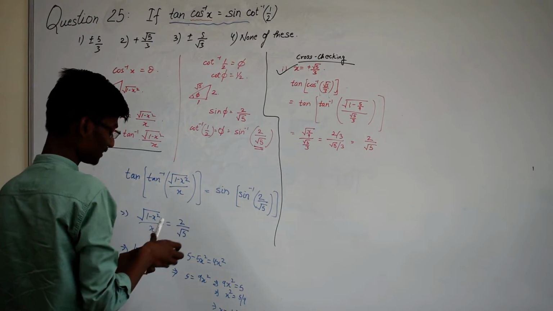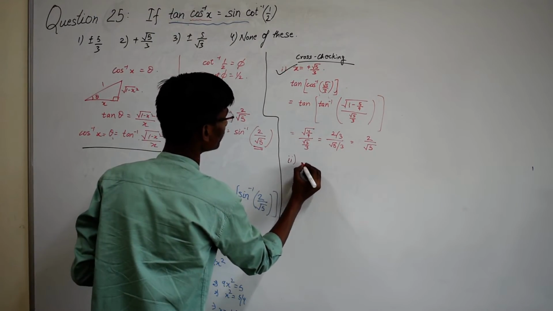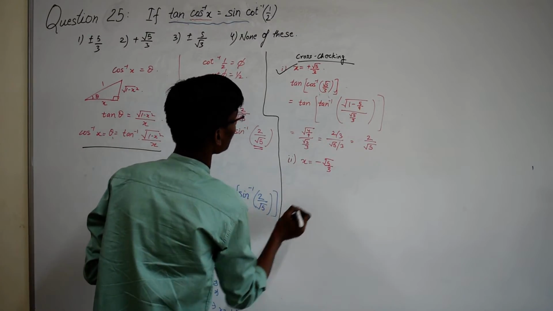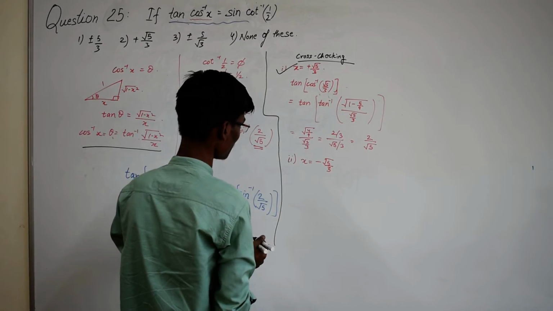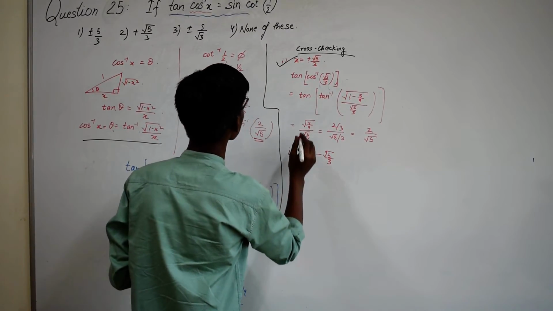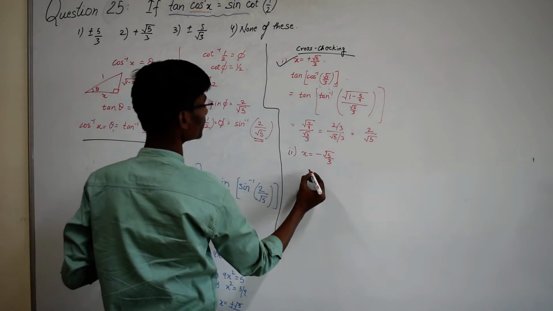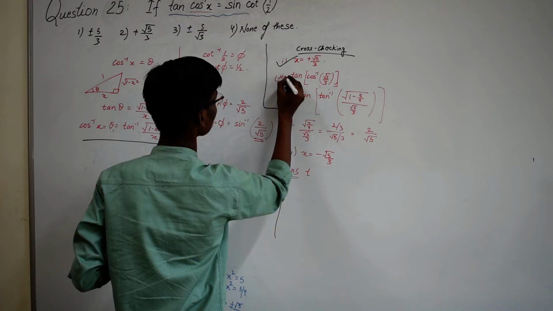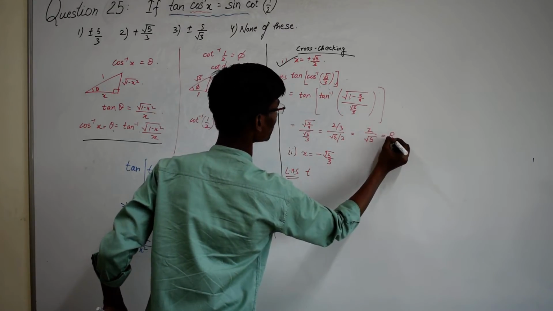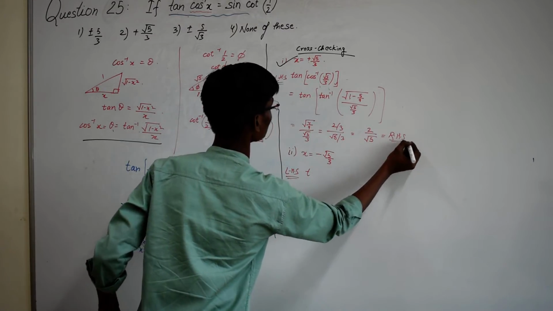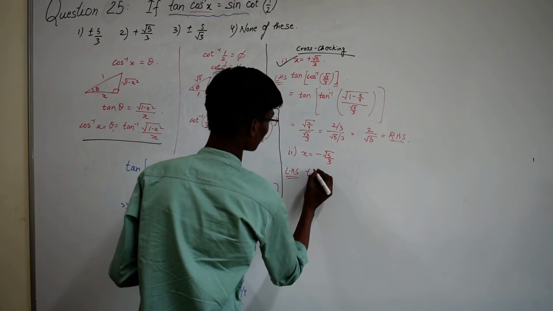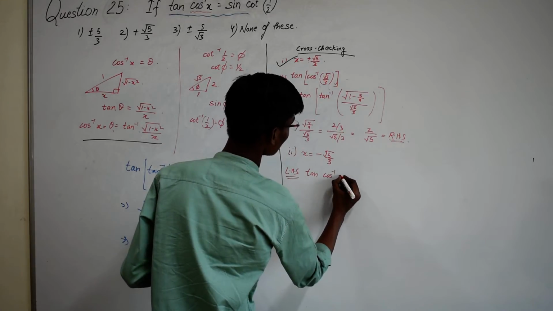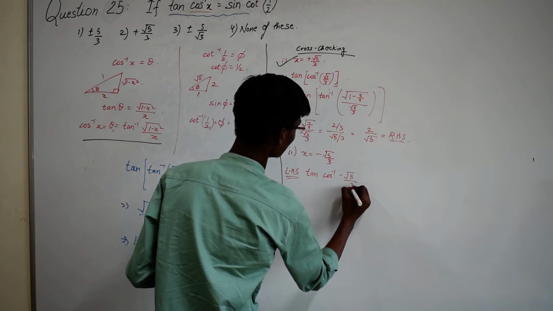Now we will check our second value, x equals minus root 5 divided by 3. We put this value in the left hand side: tan of cos inverse of minus root 5 divided by 3.